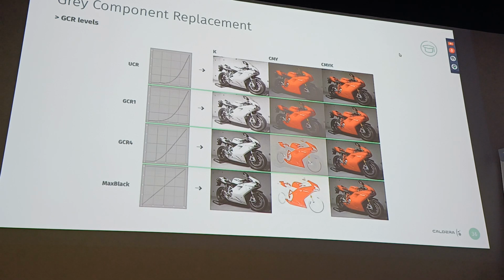So usually, the higher the GCR value, the more black you will print instead of C, M, and Y components, especially for gray areas. And the maximum black is a step further, meaning that you will really print a lot of black instead of other colors.